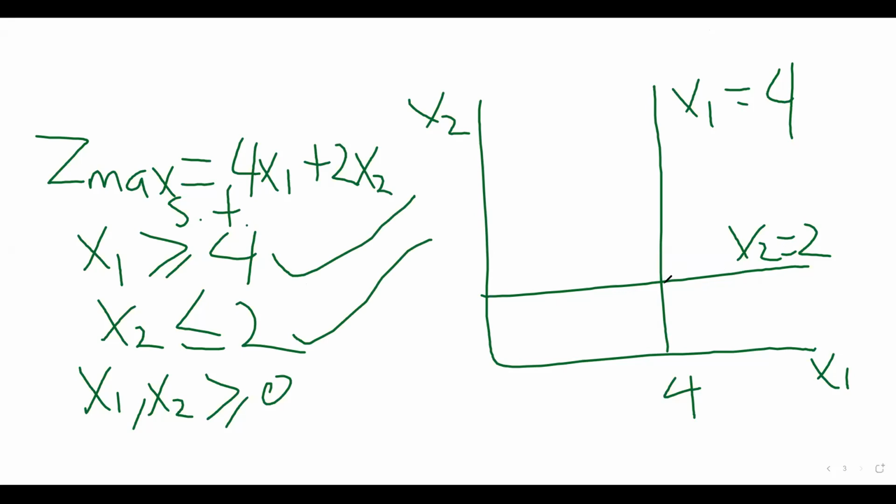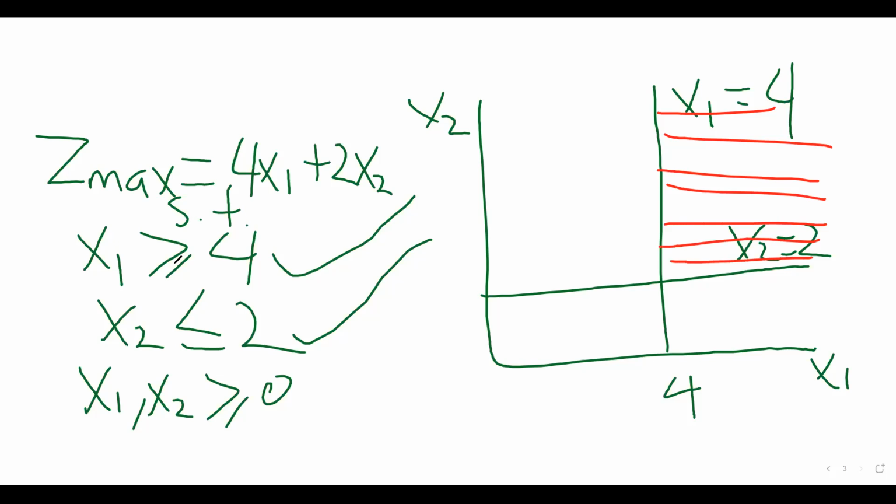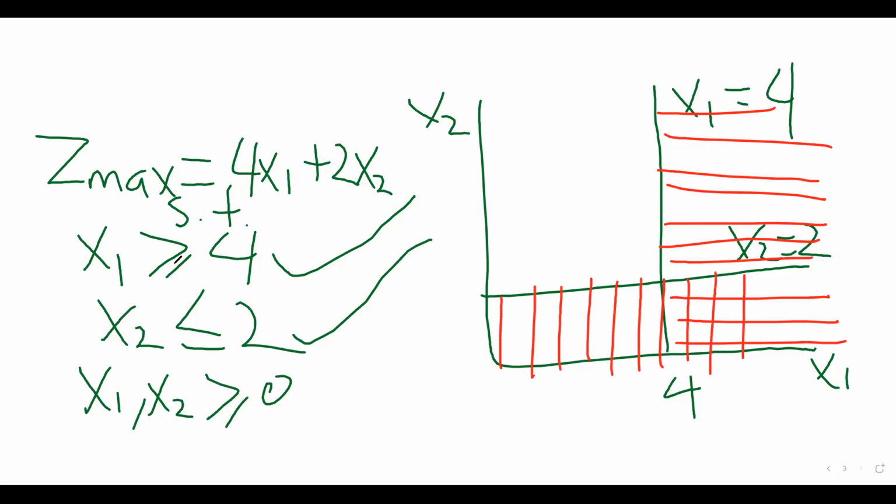Remember the symbol. I'm going to use a different color for this. The symbol says that x1 is 4 or more. So if x1 is 4 or more, we are talking about the area there, 4 or more. Now x2 is what? x2 is 2 or less. So 2 or less is the area here, the area here.